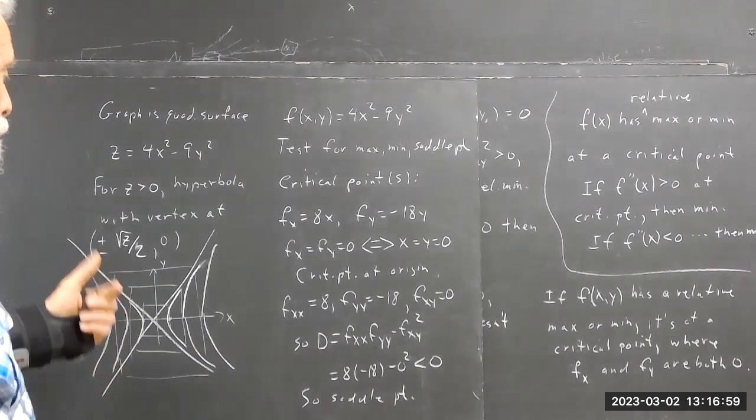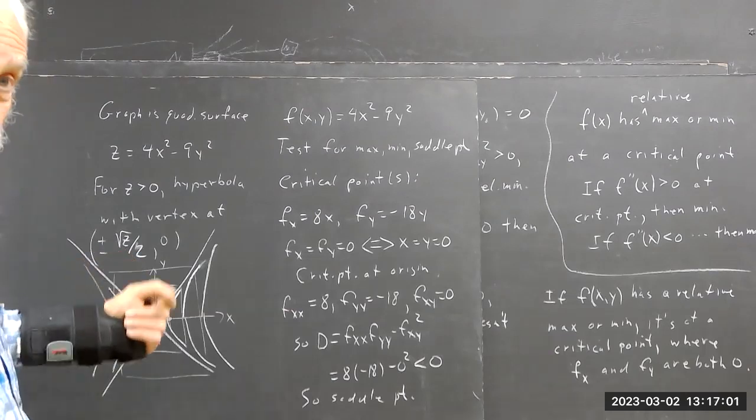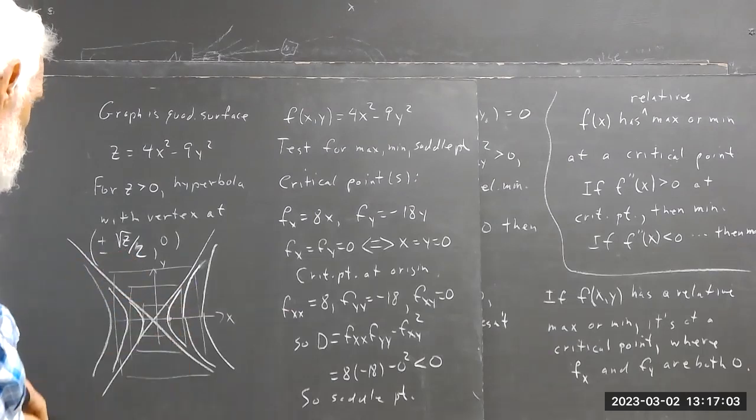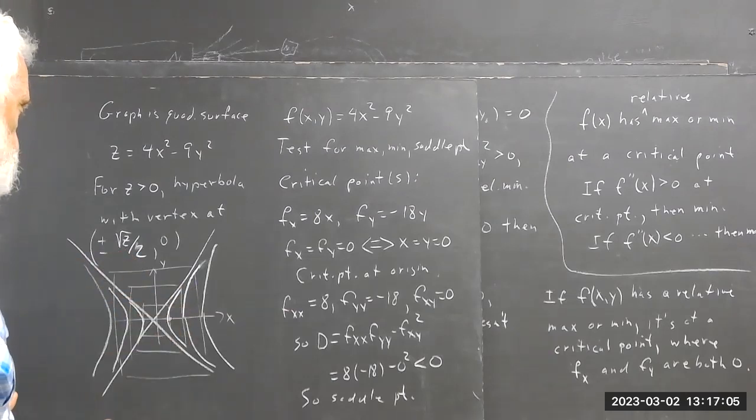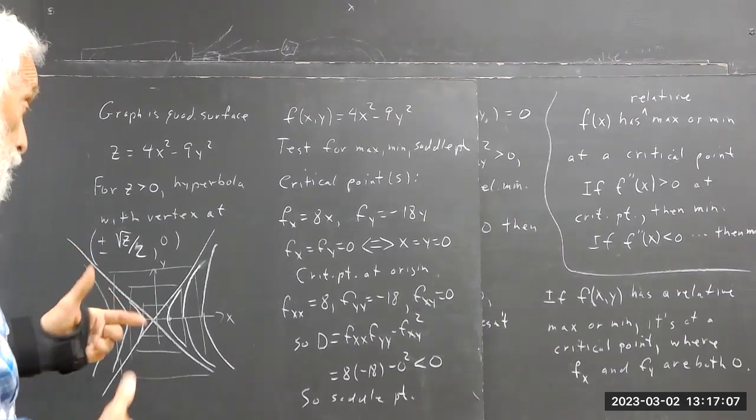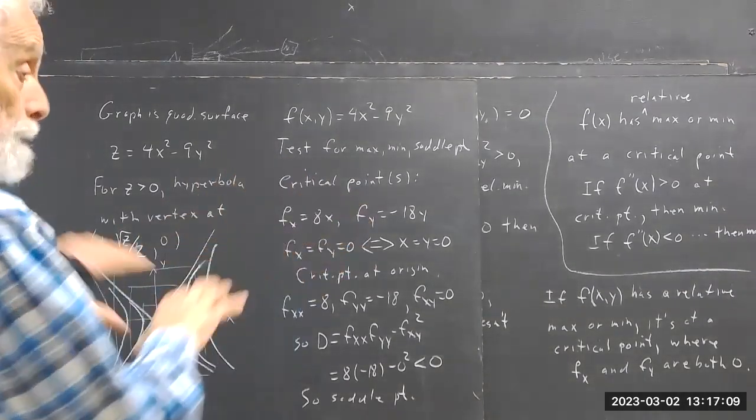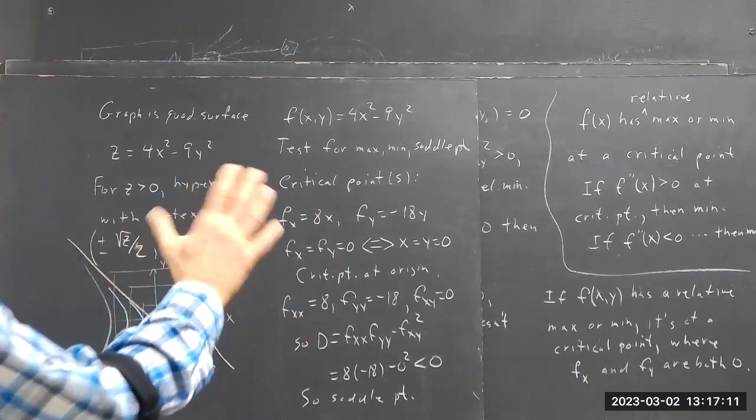So what does it look like? The z is increasing, so z is coming out of the board at you, and it has this shape, right?